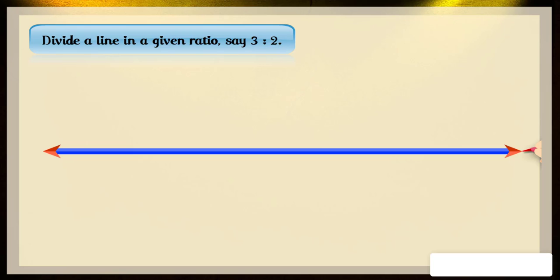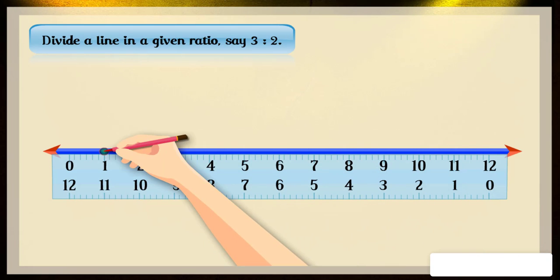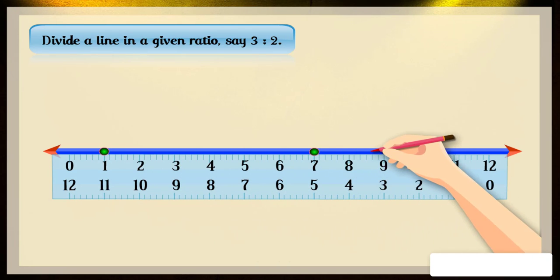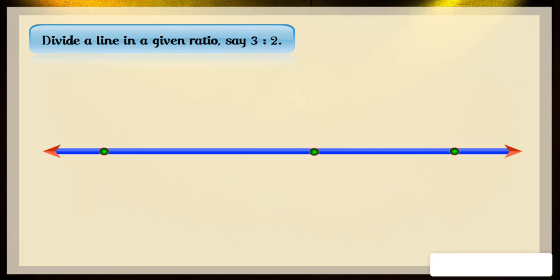You may do it by measuring the length and then marking a point on it that divides it in the given ratio. But suppose you do not have any way of measuring it precisely, how would you find the point?